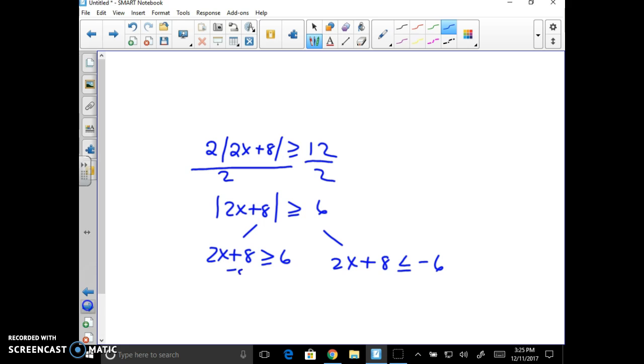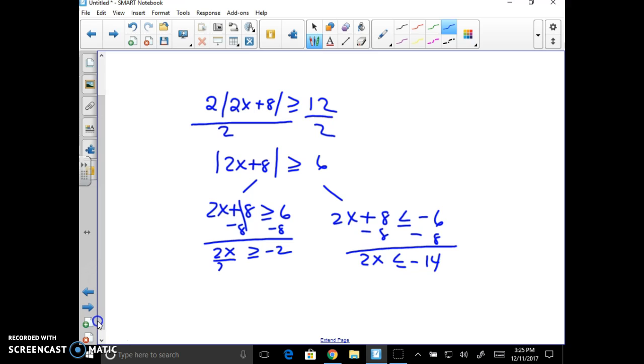All right, simplify, solve for x. Solve for x. Divide by 2 on both sides. X is greater than or equal to negative 1. Divide by 2. X is greater than or equal to 7.